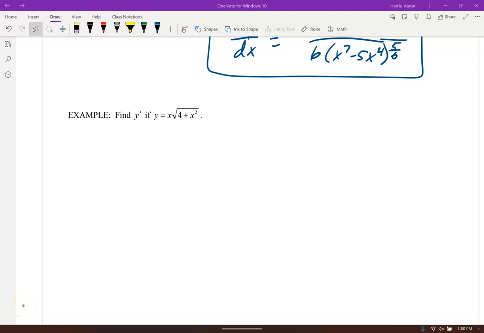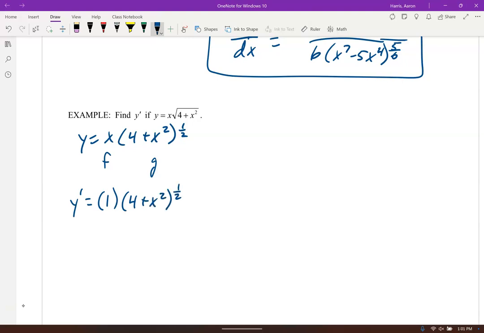All right, hopefully when you take a look at this, you see a product rule. Let me rewrite it this way. I have x, and I have this 4 plus x squared to the 1/2. Now the x is fine, but the 4 plus x squared to the 1/2, I'm going to have to do chain rule on that, right? And by the way, this is like my f, this is like my g. So when I take this derivative, I'm taking the derivative of the first times the second one, so the second one stays the same, plus the first.